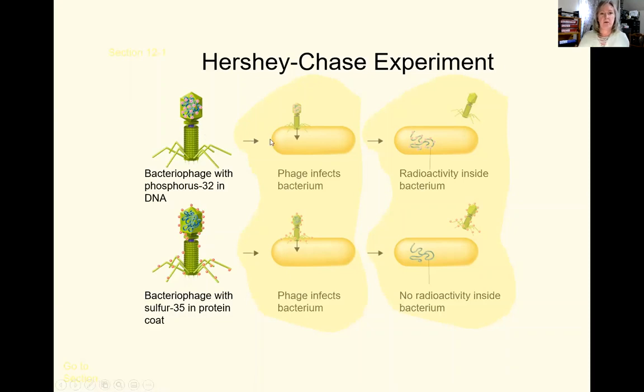When they followed the infection of a bacteria, they found the radioactive DNA inside the bacteria, incorporated with the bacteria's DNA. So the DNA of the bacteria had incorporated the DNA from the virus because the radioactive phosphorus was present.